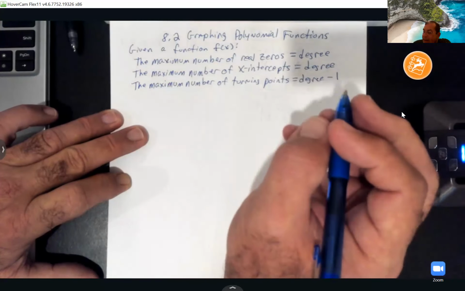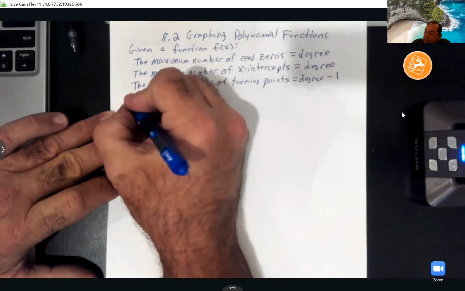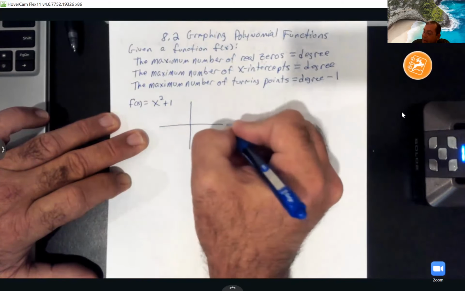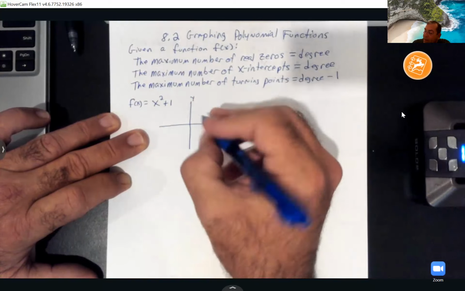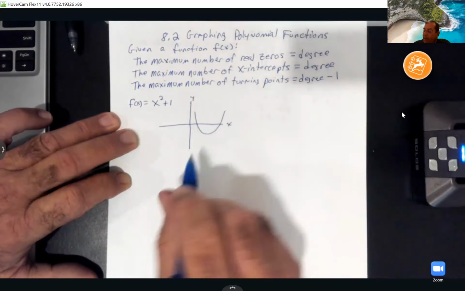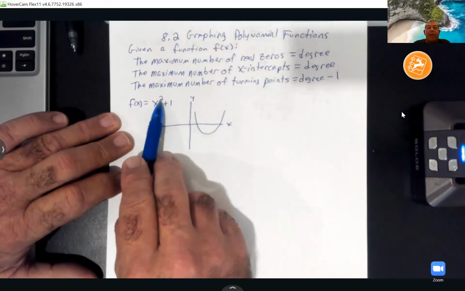Say I had f of x equaled x squared plus 1. We drew these already. So let's just draw us a nice parabola here. But if this parabola did that, well, 2's my degree.